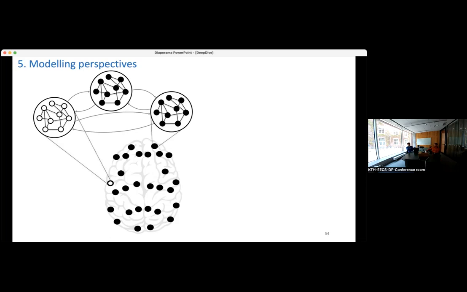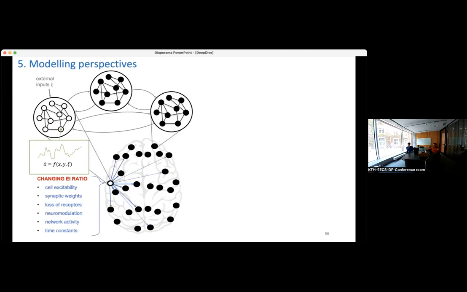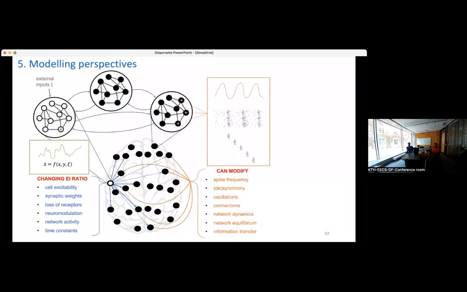And so the idea now is to look at a network like this and to model each brain region as also a network, so it will be a network of networks. And we want to change the properties of the different networks. So we will change the EI ratio in different ways and try to see how it impacts different nodes' dynamics.